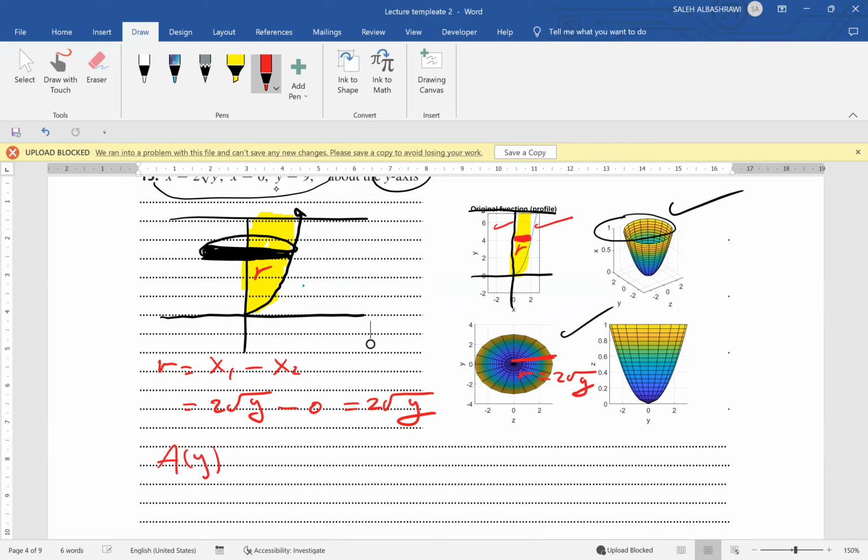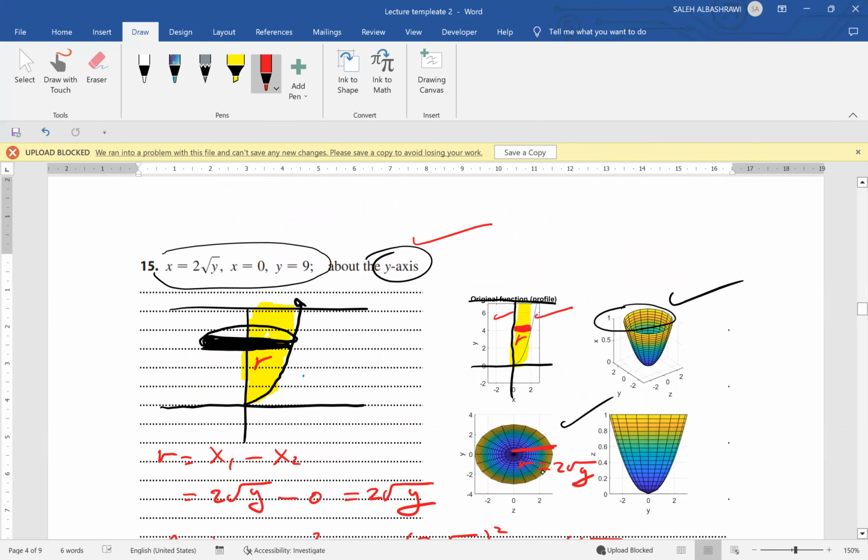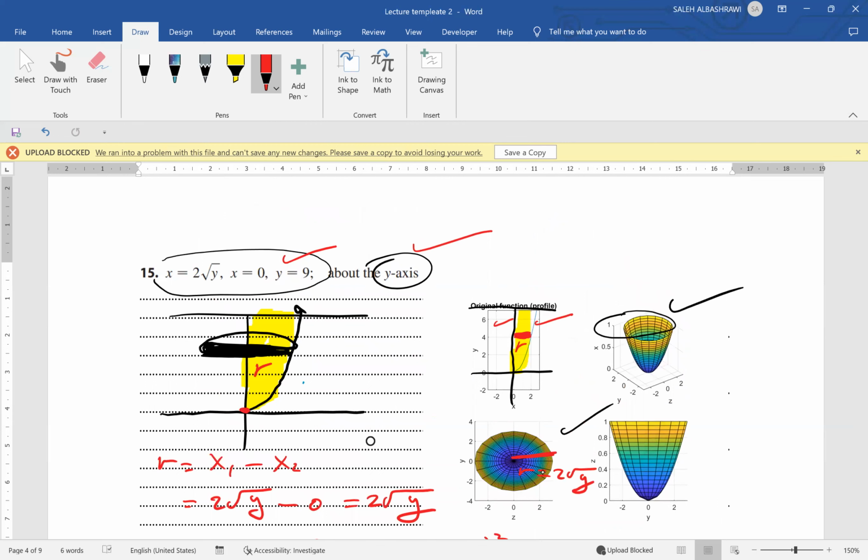A of y is equal to pi r squared, which is equal to pi multiplied by (2 square root of y) squared. This will give me 4 pi y. Integrating the cross-sectional area, the volume is given from 0 to 9 in the problem. 9 is the upper limit, and x equal to 0 will give me y equal to 0.